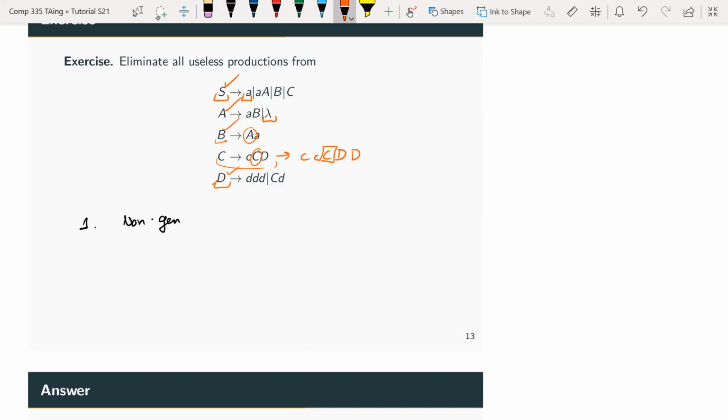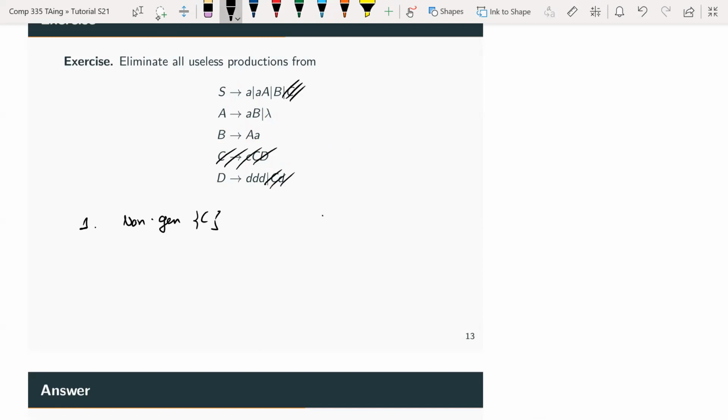And then I could never actually get rid of this C. For as long as I tried, I would never be able to get a terminal string. Okay, so that means that I can remove all the production rules that contain C. So for instance, I can take this one out, and this one out. Okay.